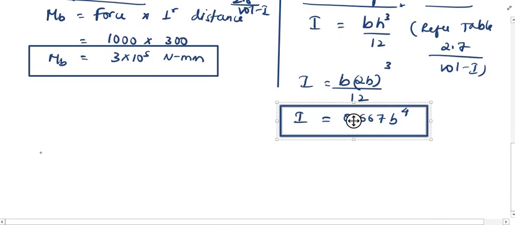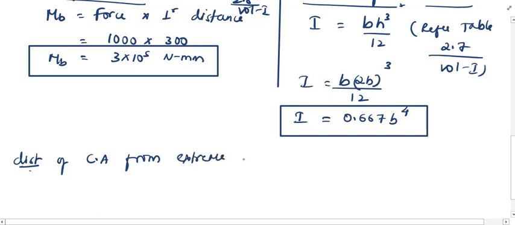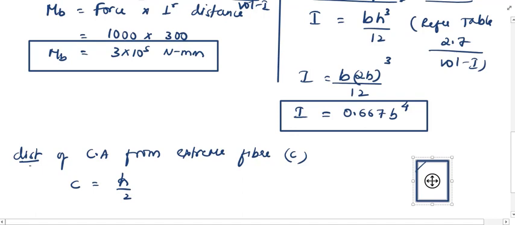Next, let me find the distance of the central axis from the extreme fiber, that is distance C. So C is given by h by 2. So what is this C here? Suppose you have a rectangular cross section, and the depth is given as h, and the width is given as b.